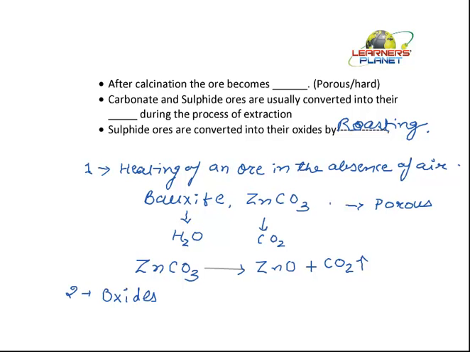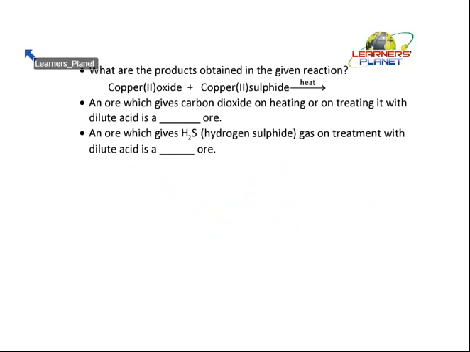Now let's move to our next question. What are the products obtained in the given reaction? That is, Cu2O plus Cu2S. Is it copper 2 oxide? It is copper 1 oxide and copper 1 sulfide, cuprous oxide and cuprous sulfide.